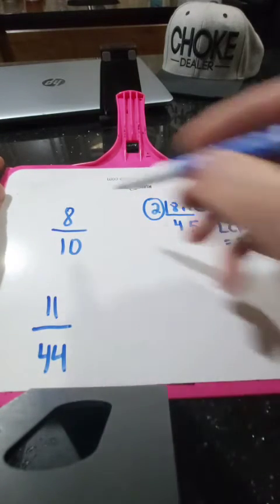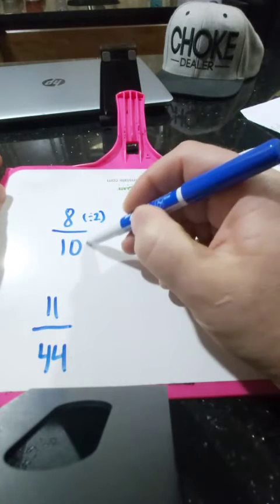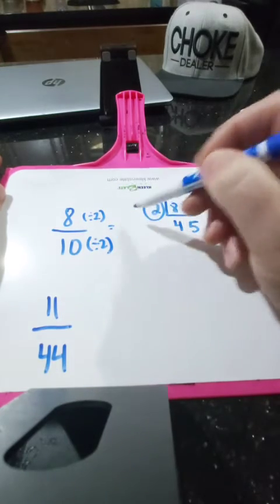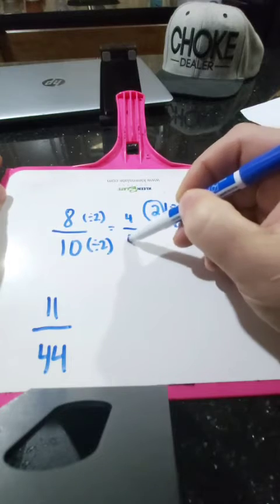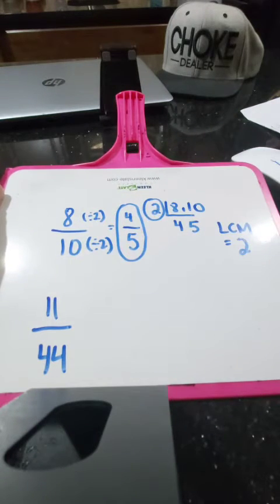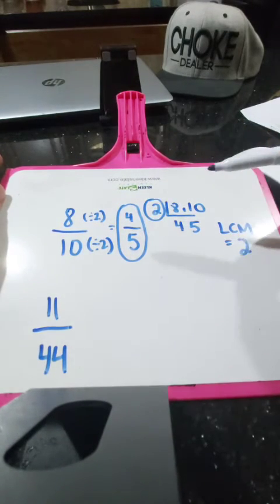So if we divide both sides by 2, what we end up getting is 8 divided by 2 is 4, and 10 divided by 2 is 5. So 4/5 is the answer to 8/10ths reduced down to its lowest fraction.